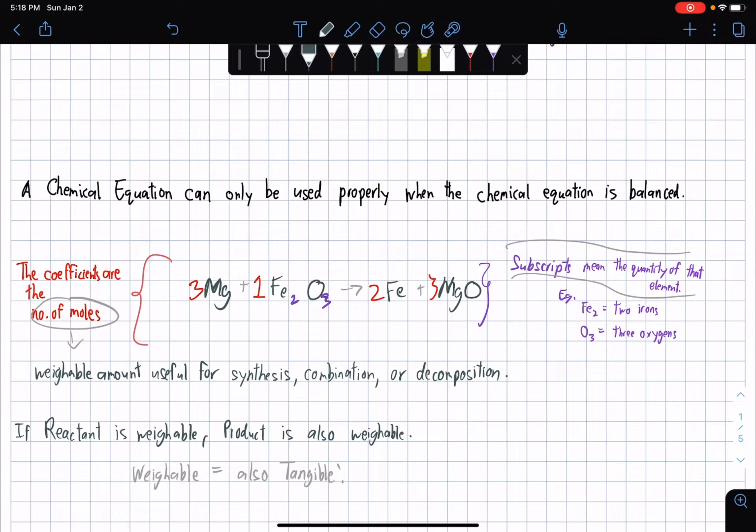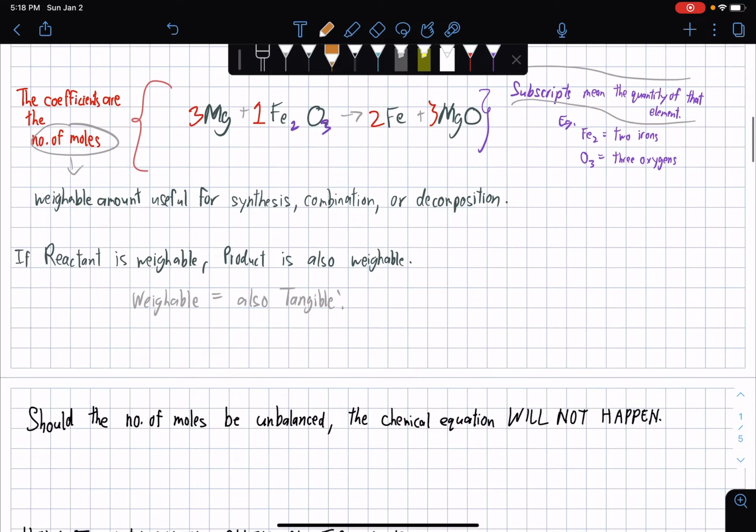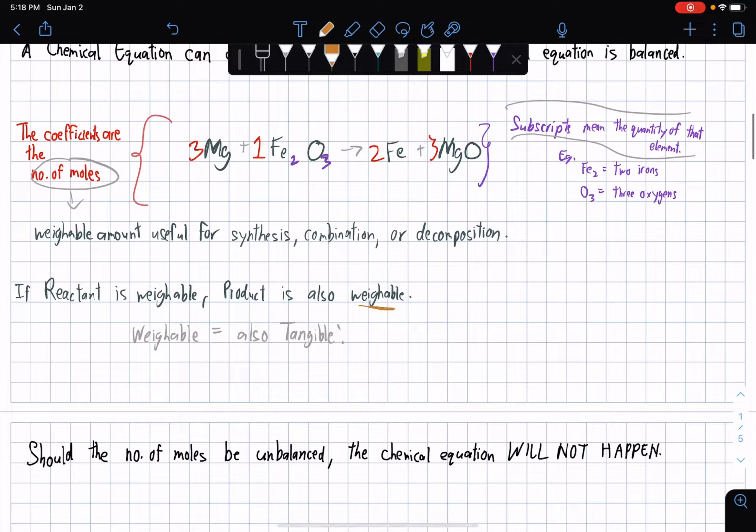With that said, the coefficients are the number of moles. The number of moles is defined as the weighable amount useful for synthesis, for combination, or decomposition. If a reactant is weighable, the product is also weighable.